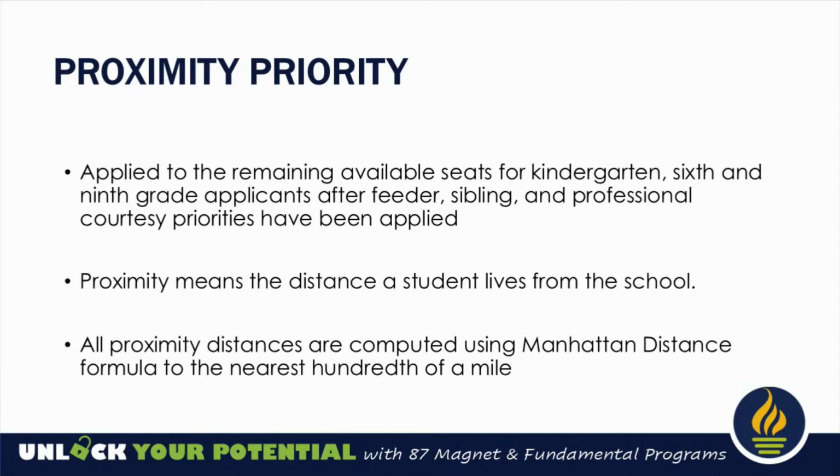So only for kindergarten, sixth, and ninth grade applicants after feeder, sibling, and professional courtesy priorities have been applied, military as well. Proximity means the distance a student lives from the school. All proximity distances are computed using the Manhattan distance formula to the nearest hundredth of a mile.